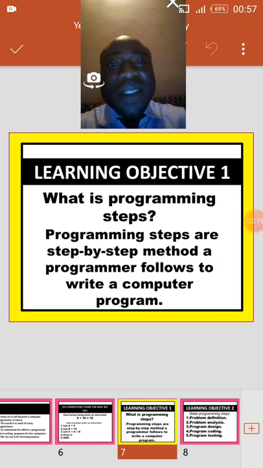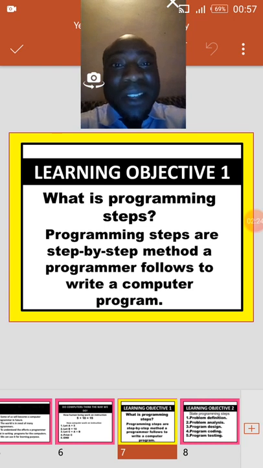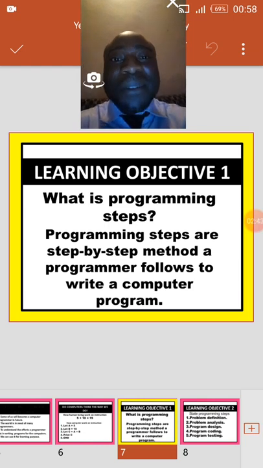Now what do we mean by programming steps? We can say programming steps are the step-by-step method a programmer follows to write a computer program. I repeat that again. Programming steps are the step-by-step method a programmer follows to write a computer program. This is very simple. It's like your teacher gives you a simple mathematics problem, maybe to multiply 2 by 2.